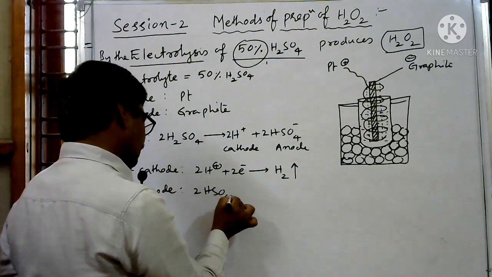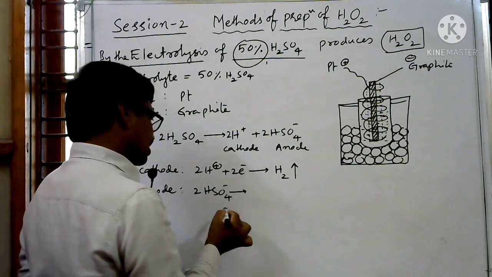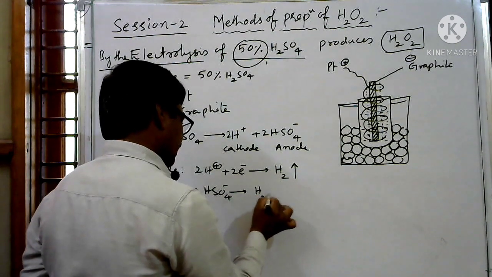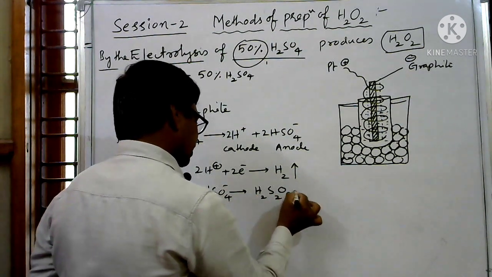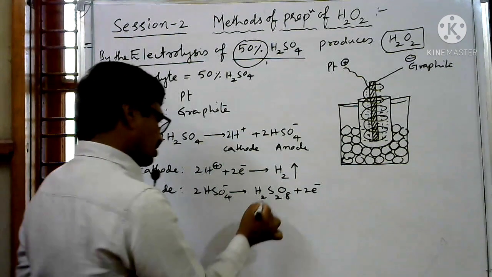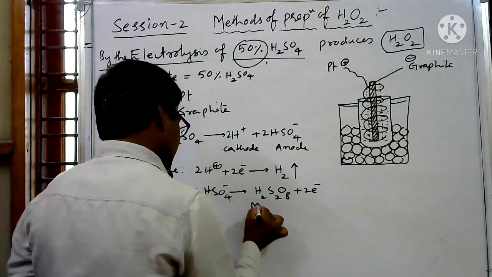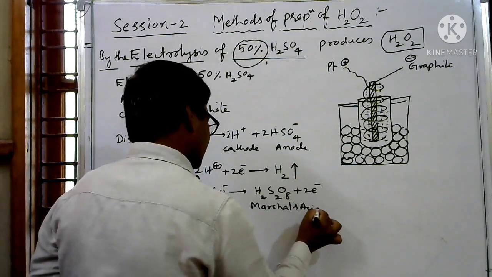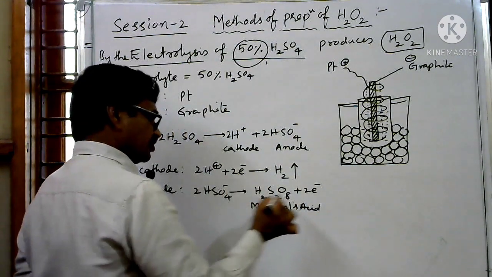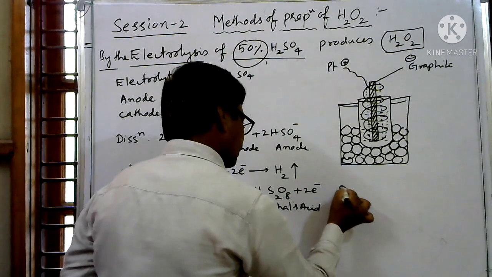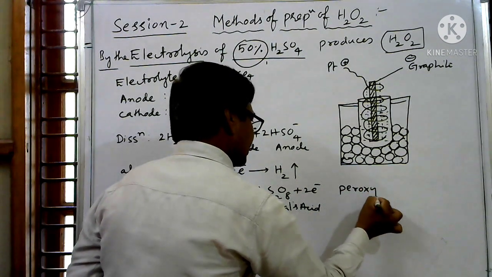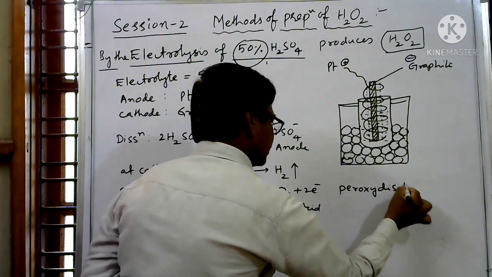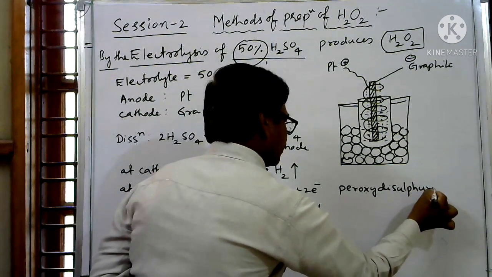The 2 HSO4 minus ions give rise to H2S2O8 by releasing 2 electrons, which is called Marshall's acid, otherwise peroxydisulfuric acid.